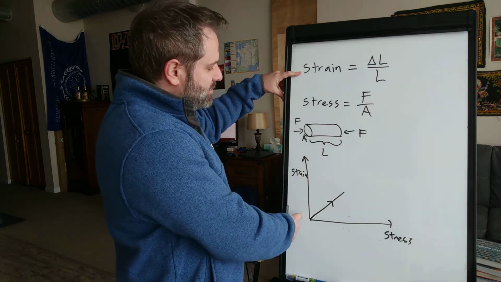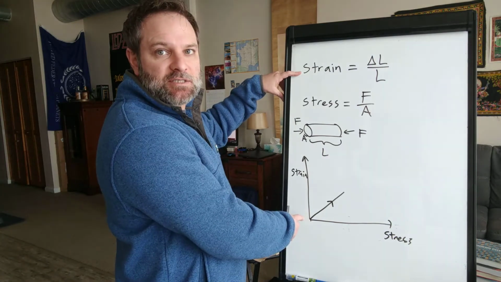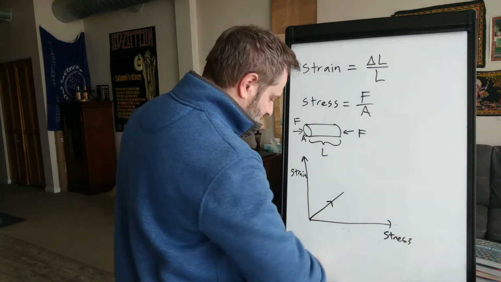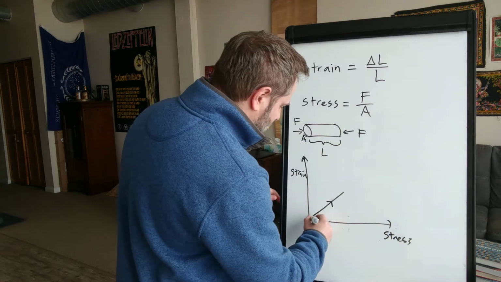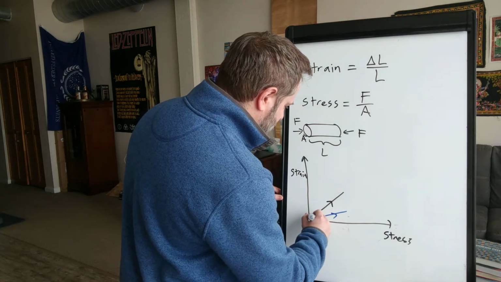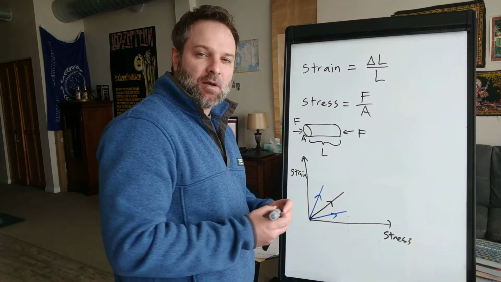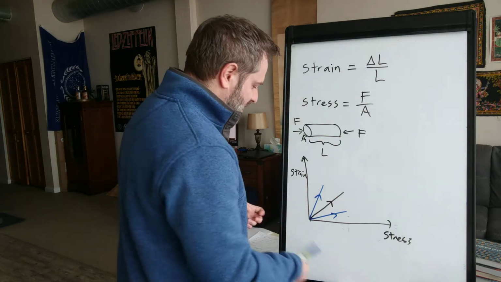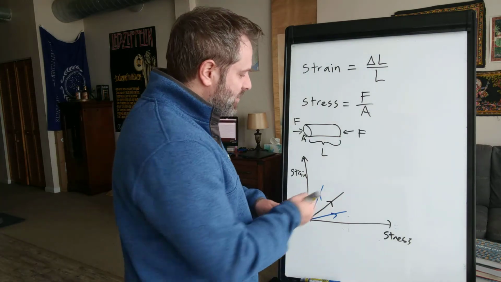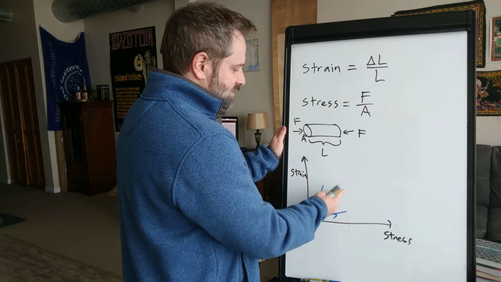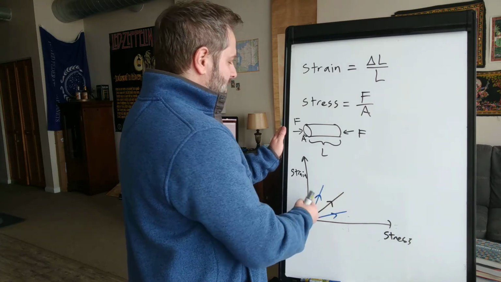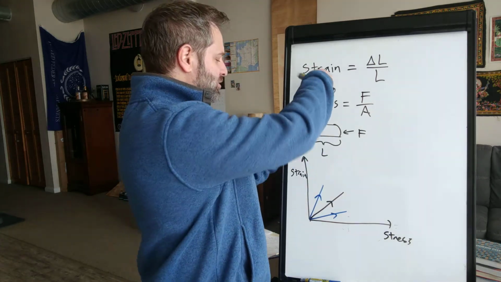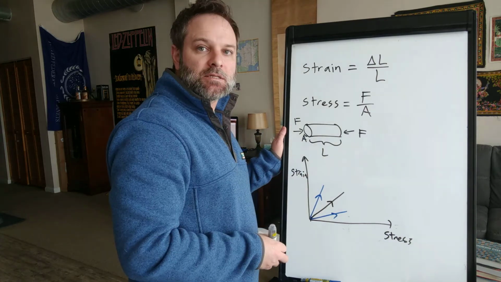How much it increases depends on the characteristics of the object. So I might also have, as I'll take advantage of having multiple colors, I might also have it working like this, depending on the object. But we're going to continue to follow this black grid. So increasing the force and force and force, and I'm increasing the strain and the stress linearly.